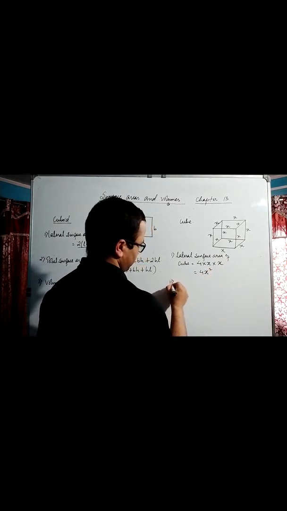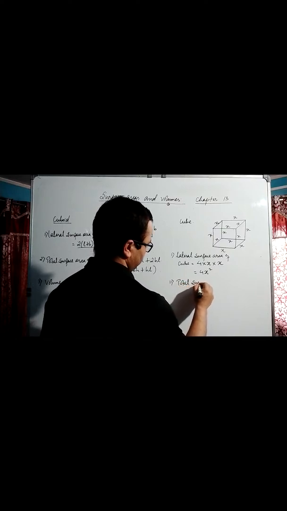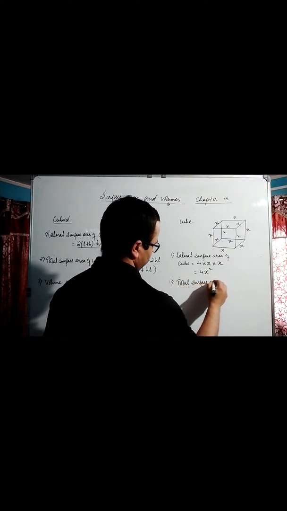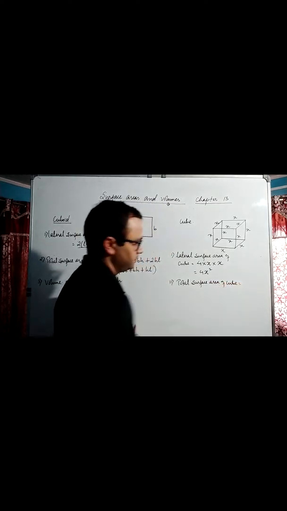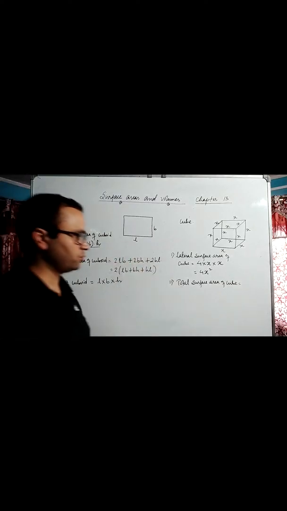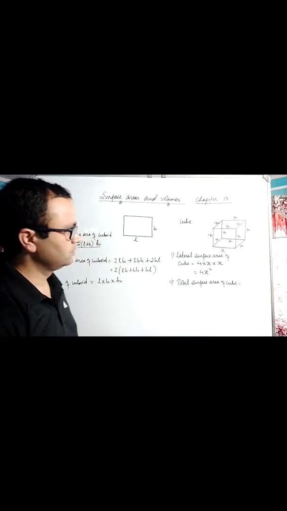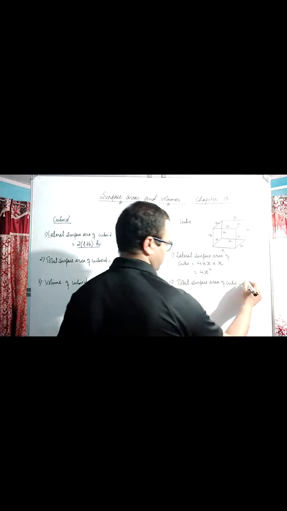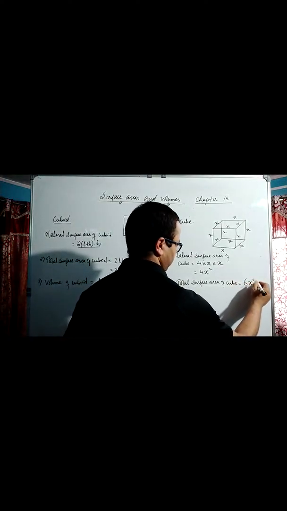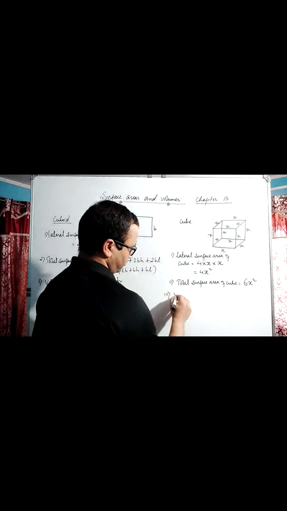Now the total surface area of the cube will be: there are 6 faces, meaning 6 squares. The area of each square is side square. So the area of 6 squares will be 6 into side square, 6x squared. And the last one is volume.